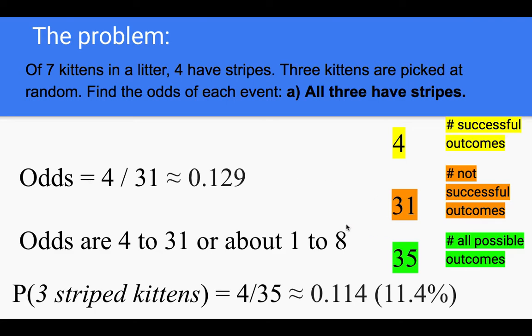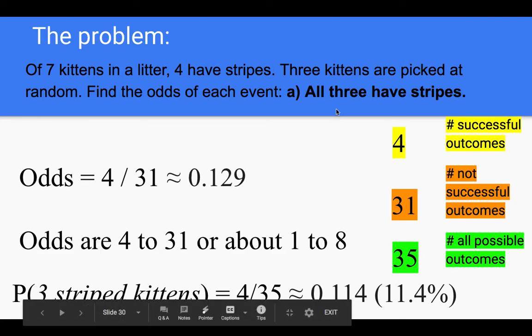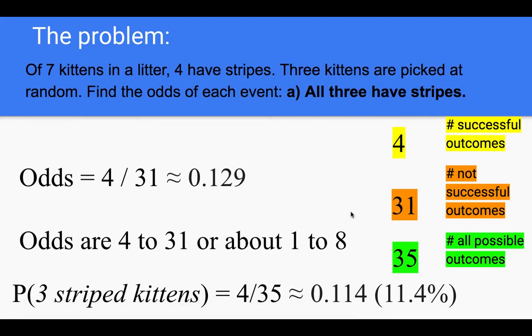So this one, 1 to 8, means that it's about 8 times more likely to not get all 3 kittens with stripes than to get it. That's what the odds mean, but that is different than the probability, so don't get confused or fooled by that.